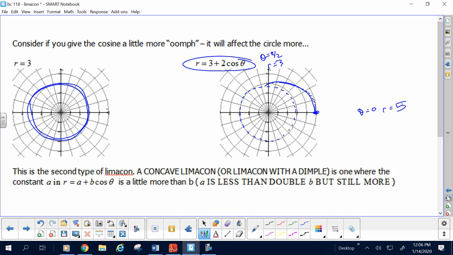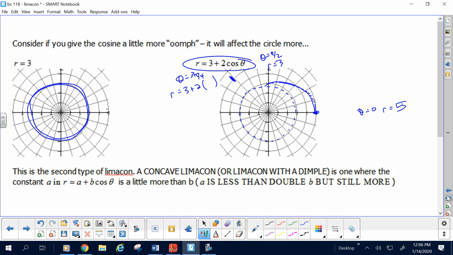Now, in the interest of accuracy, I'm going to do a pi over 4 here just to get a good feel for the graph. At theta equals 3 pi over 4, r is 3 plus 2 times what?